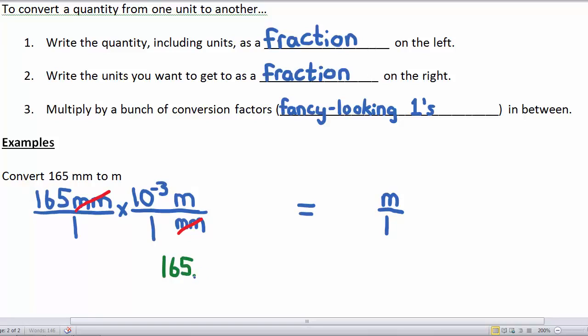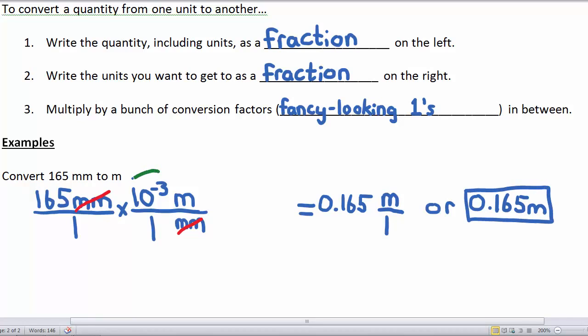Here the exponent is negative 3, so I move the decimal to the left 3. And I'm left with 0.165, and I can now write that up here. So my answer is 0.165 meters over 1, or I can just write that as 0.165 meters.